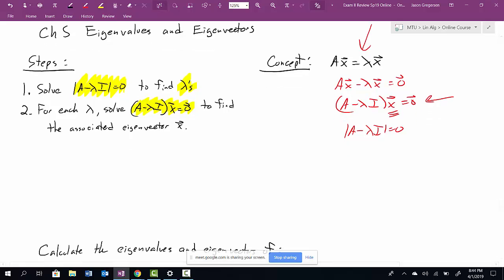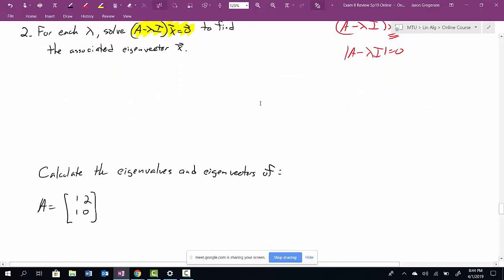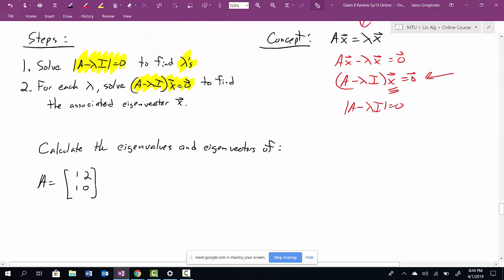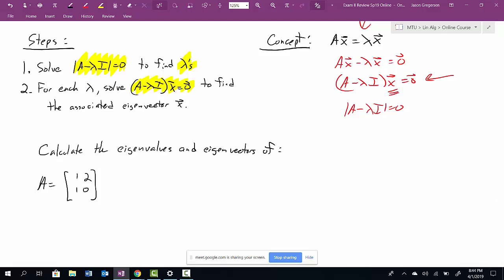So let's get some practice in finding eigenvalues and eigenvectors. Go ahead, and that is your next Learning Catalytics question.